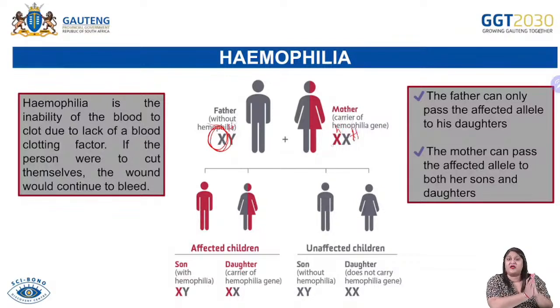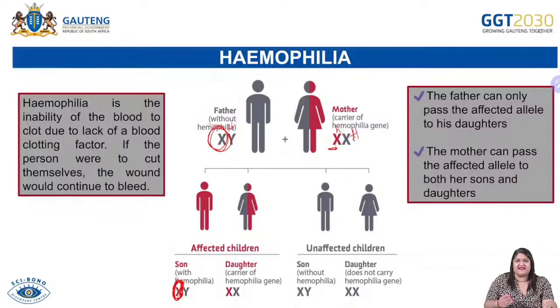So they can pass that recessive allele onto their offspring. What can happen is that they can have an affected son, a son with hemophilia. Why? Because this son is going to get this affected allele from the mother. How do we know that this X is coming from the mother?